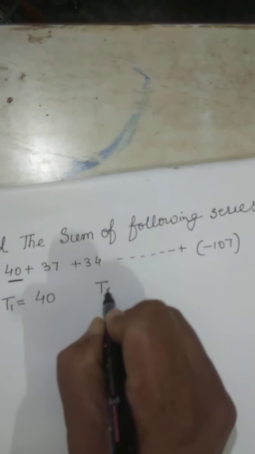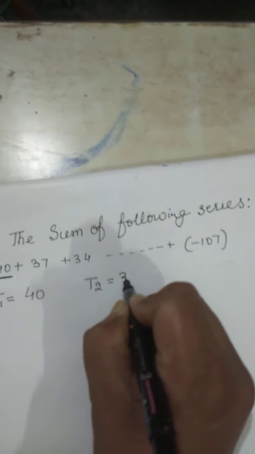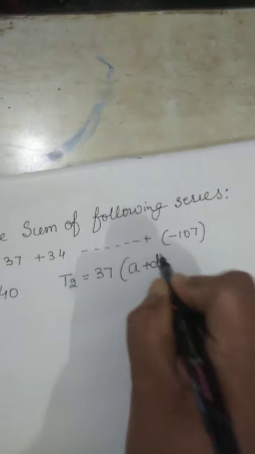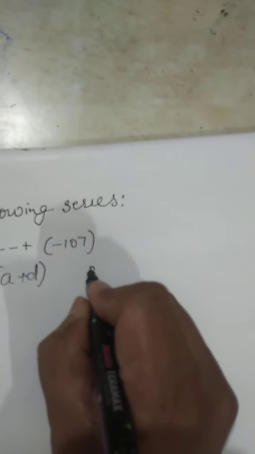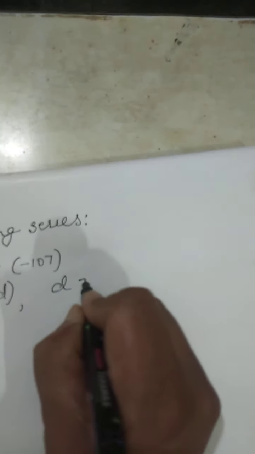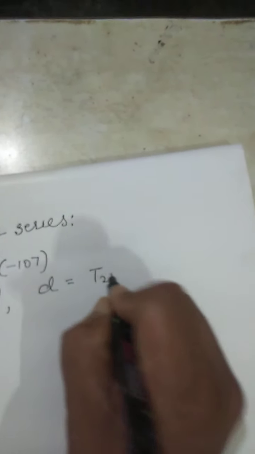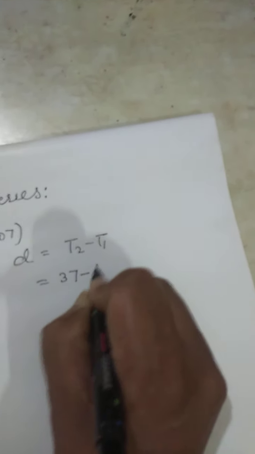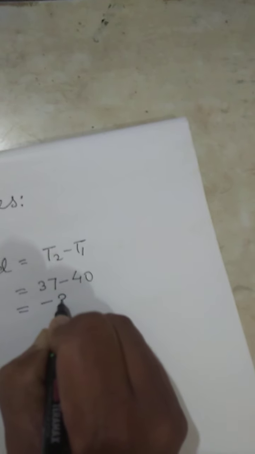Now what is T2? 37, and T2 is also known as a plus d. So the common difference d is equal to T2 minus T1. 37 minus 40 is equal to minus 3.